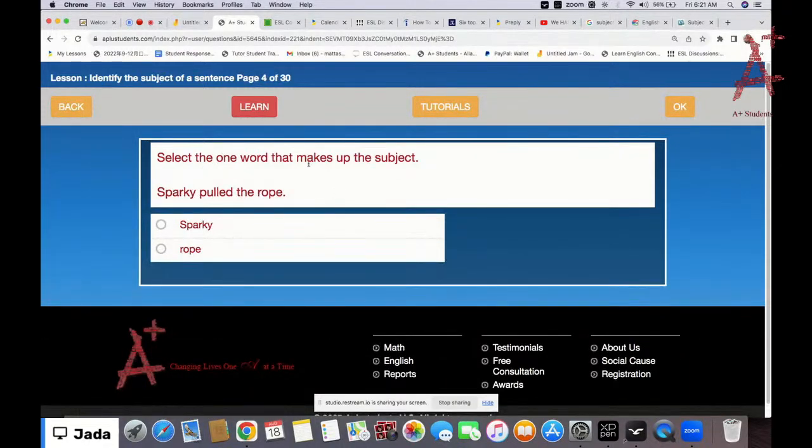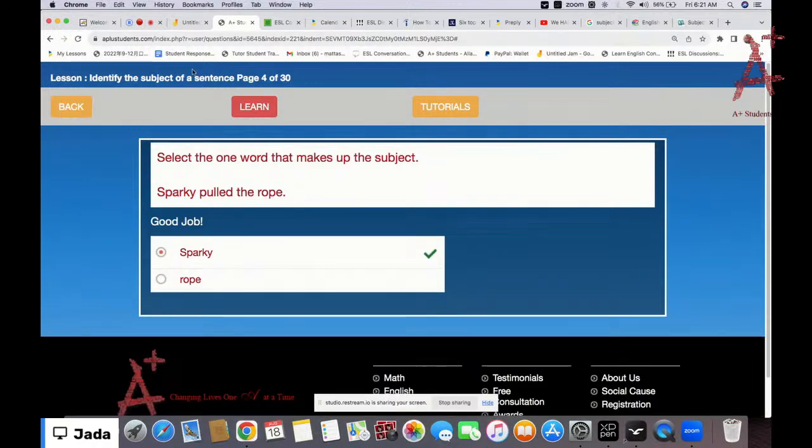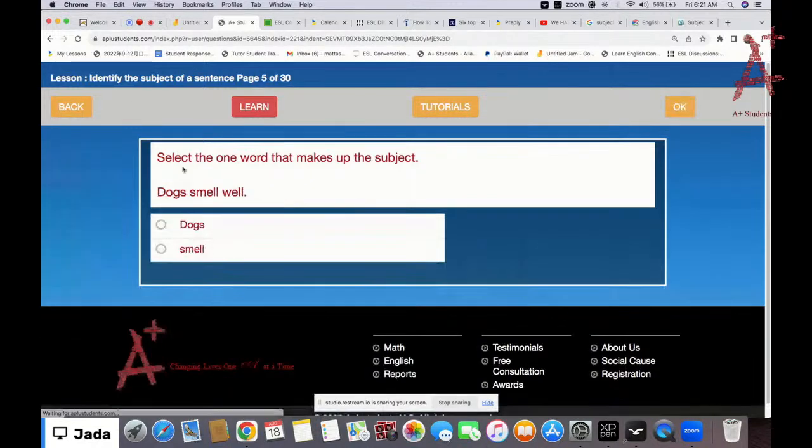Now select the one word that makes up the subject. Sparky pulled the rope, right? Okay, so who is pulling the rope? It's Sparky, right? So that's the subject. And then the next one says, dogs smell well.